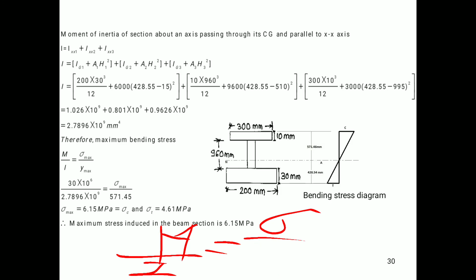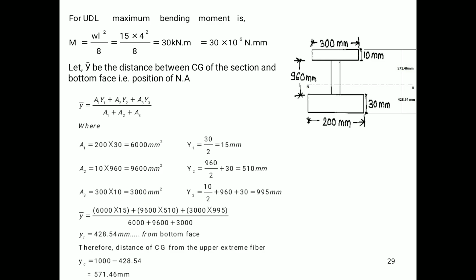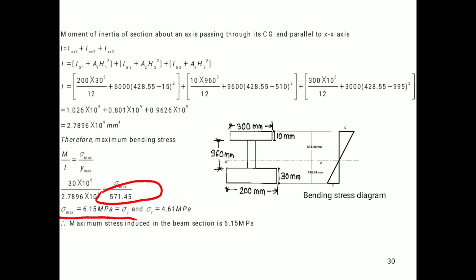On putting the values of M, I and y into this equation, we have sigma maximum equal to 6.15 megapascal, and sigma maximum will be in compression, because for compression we have y maximum as 571.45. That value we have put into this equation, and we have sigma maximum equal to 6.15 MPa.